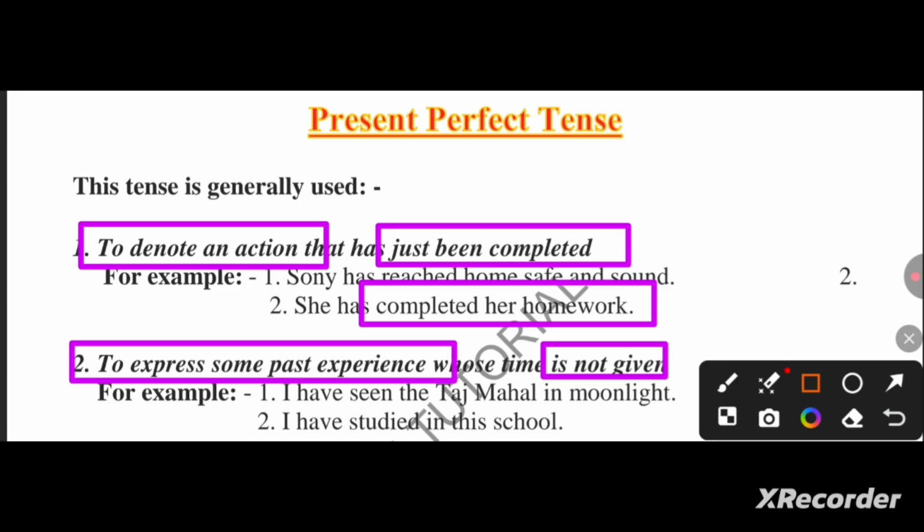It might be 1 year ago, it might be a month ago. We are not sure about it. I have studied in this school. Again, the time is not given over here, but we can say that I have studied in this school. We might have studied a few years ago, 5 years, maybe 10 years, maybe 1 year.